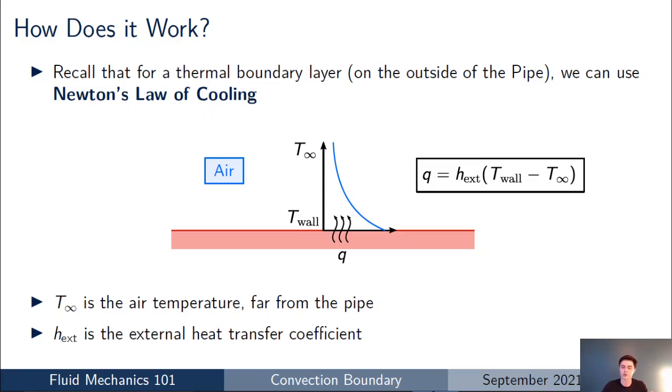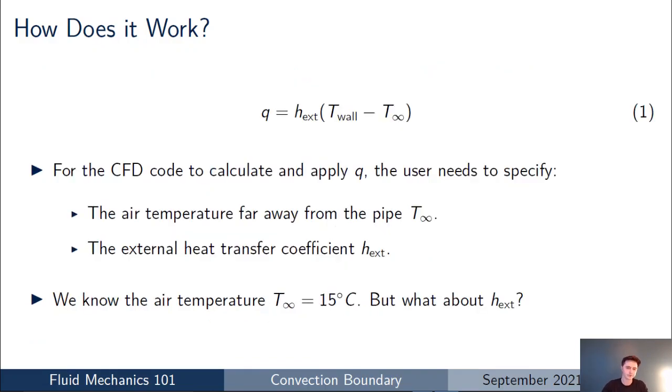So Newton's law of cooling provides a convenient way to get around that by saying the heat flux is just going to be equal to the heat transfer coefficient, h, multiplied by that overall temperature difference between the wall and the free stream temperature. So the heat transfer coefficient is a convenient way to get around calculating the gradient of that temperature profile on the outside surface of the pipe or the wall.